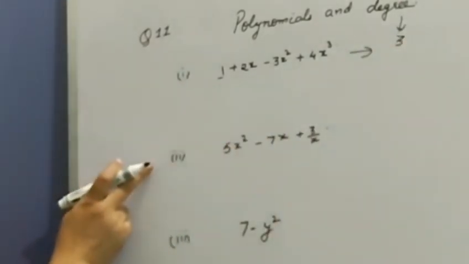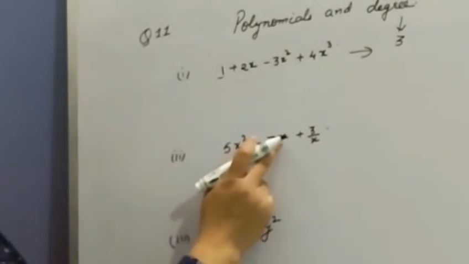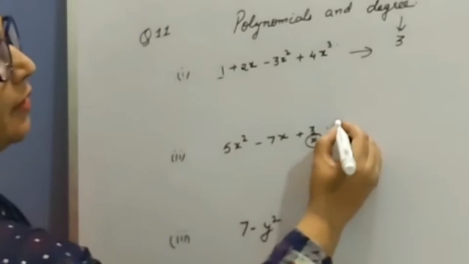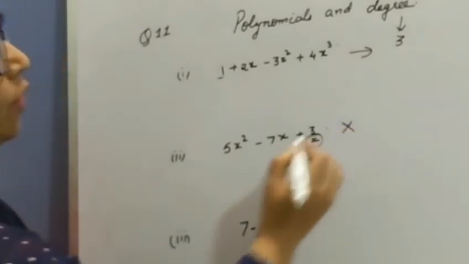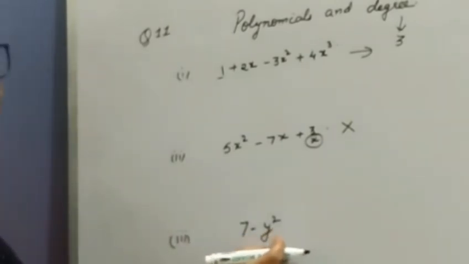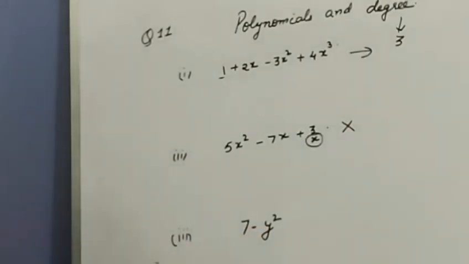3. Next example, 5x squared minus 7x plus 2 by x. As x is in the denominator, it is not a polynomial. Third example, 7 minus y squared. This is a polynomial in y because the literal factor is y. How many terms does it have? It has 2 terms. 7 is the constant term, so the power of y in this is 0, and the next power of y is 2.